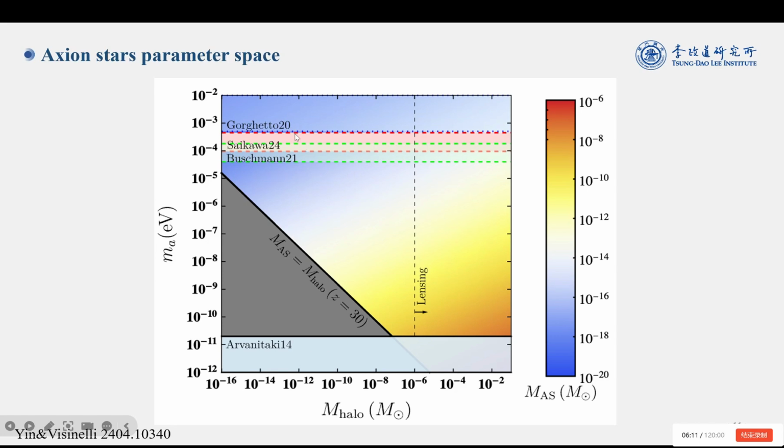These three different color bands come from different QCD axion models. And our microlensing constraint will operate after 10 to the minus 6 solar mass.